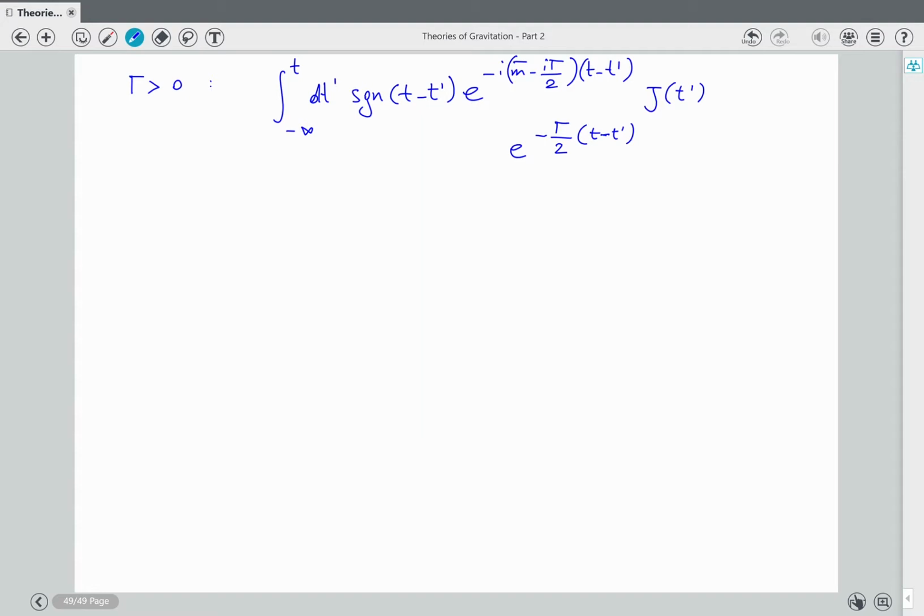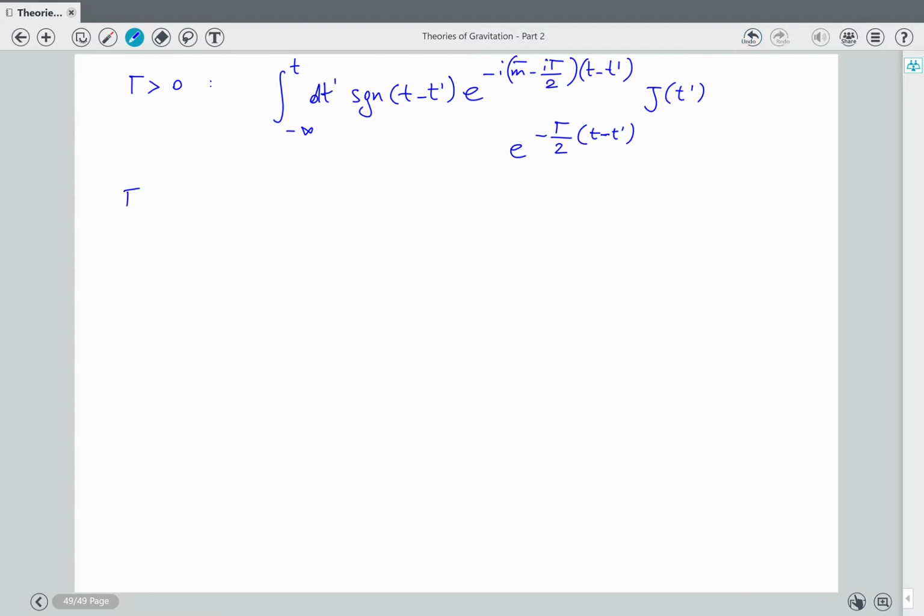So it is a convergent factor, and the important thing is that t prime is smaller than t, which means that your response at t depends only on the source at earlier times, so it depends only on the past.